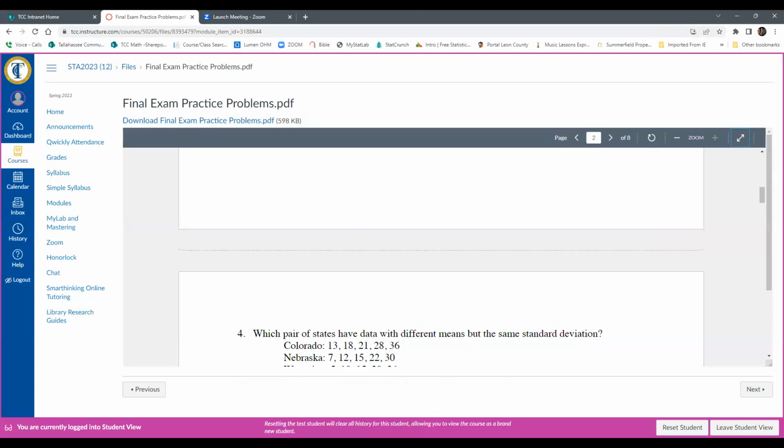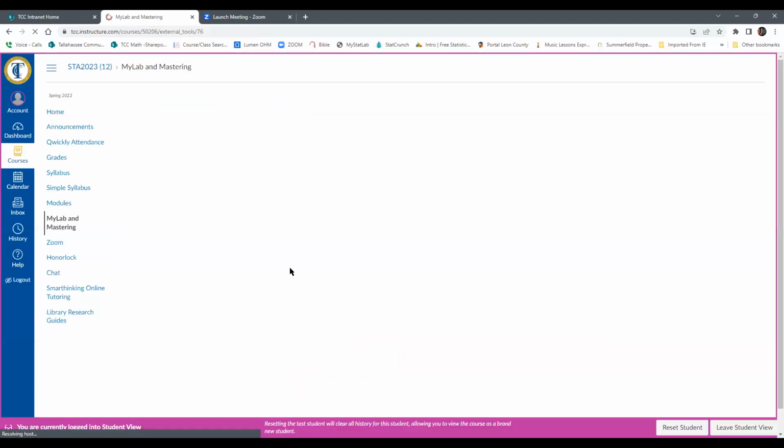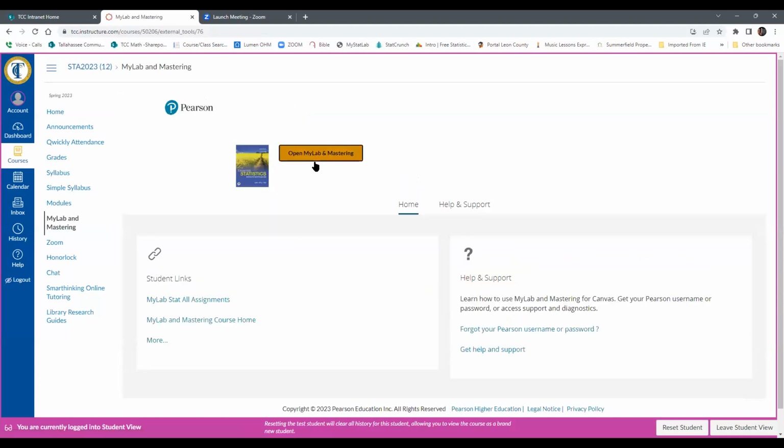So I'm gonna stop sharing that and try to go to StatCrunch. Okay, before I share, I'll show how to go to StatCrunch first using the computer. So the second thing I'm gonna be doing is going to my modules. Okay, I can do my StatLab. Open my screen.